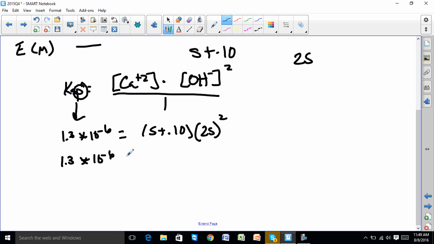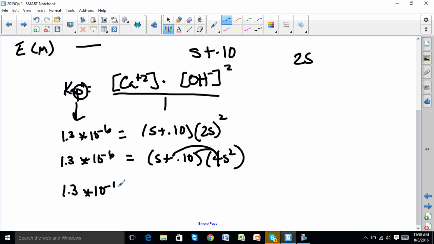Over here, you have S plus 0.1 times 4S squared. Order of operations, please. Excuse my dear Aunt Sally, exponents. Now I'm going to distribute through, and I end up with 1.6 times 10 to the negative 6 equals 4S cubed, 4S squared times S, plus 0.4, because 0.1 times 4 is 0.4S squared.